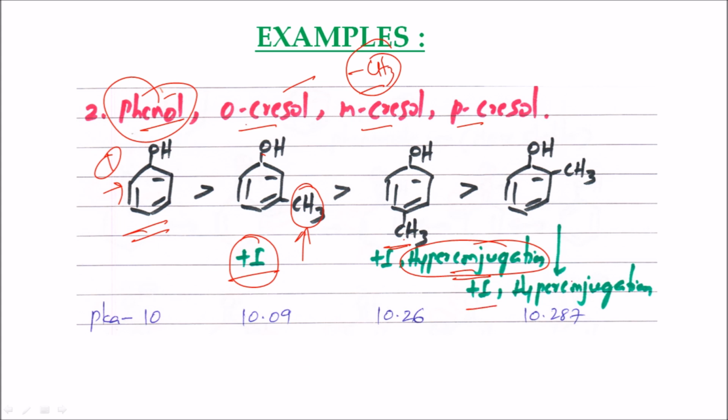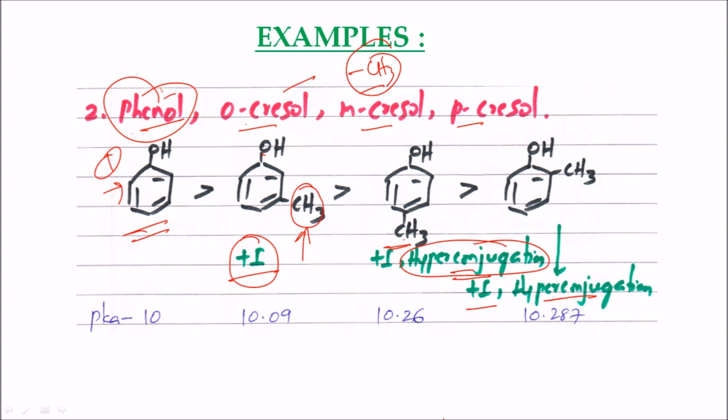Along with that, it exhibits hyperconjugation also. Now hyperconjugation in the case of phenoxide ion actually destabilizes the phenoxide ion. So if you have hyperconjugation, it will destabilize the phenoxide ion.